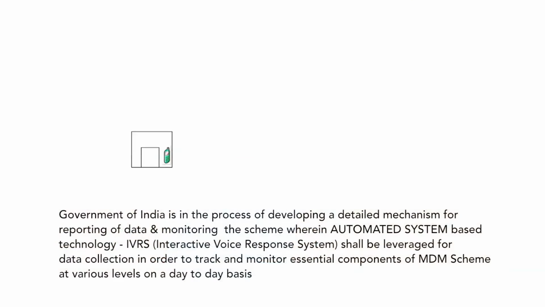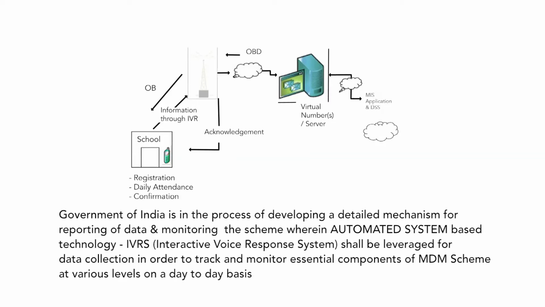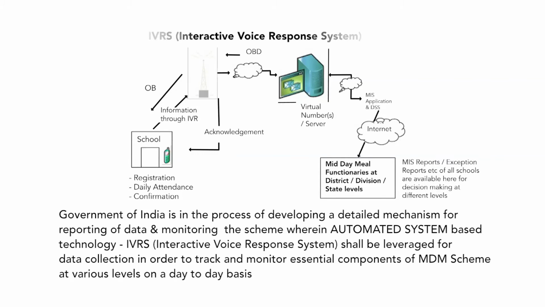Government of India is in the process of developing a detailed mechanism for reporting of data and monitoring the scheme, wherein automated system-based technology, IVRS, Interactive Voice Response System, shall be leveraged for data collection in order to track and monitor essential components of MDM schemes at various levels on a day-to-day basis.